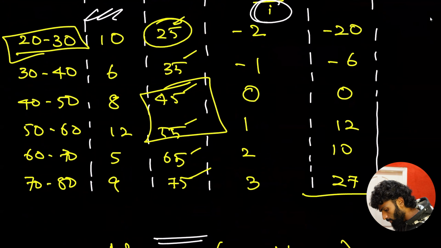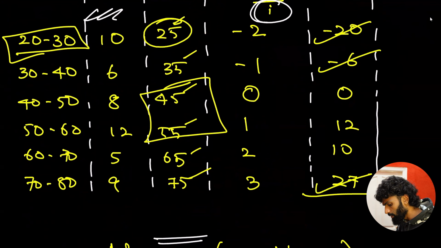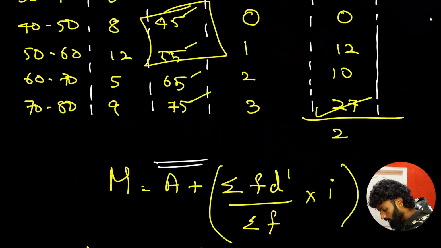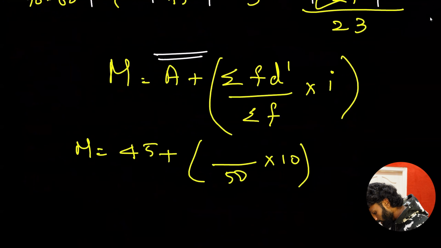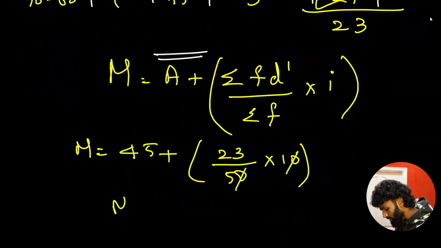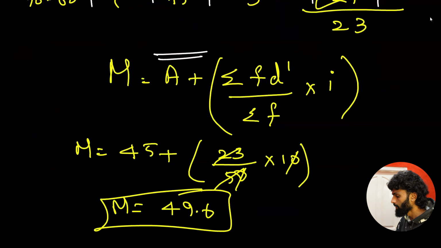So 27 minus 20, 7 is the answer. 7 minus 6 is 1. 1 plus 12 is 13. 13 plus 10 is 23. So 23 is my answer there. So if you see 23 by 50 into 10, automatically the 0 gets cancelled. What remains is M equals 45 plus 23 by 5, which is 4.6. 49.6 is your answer. Correct?